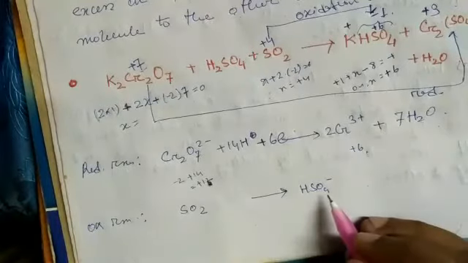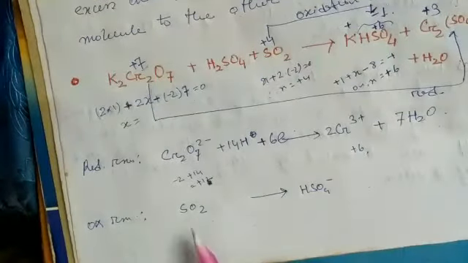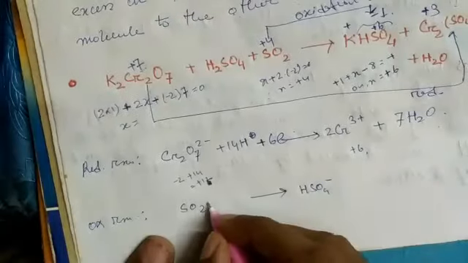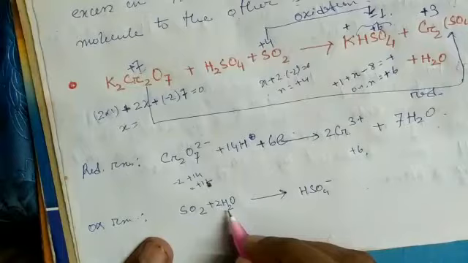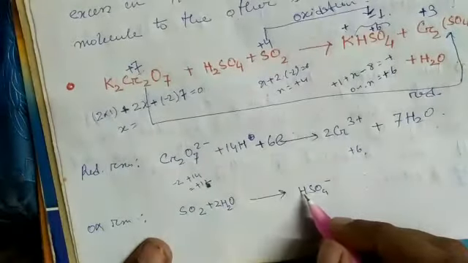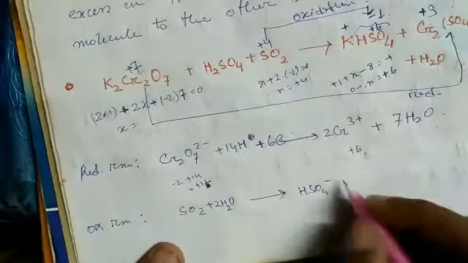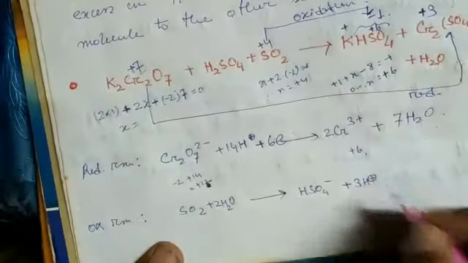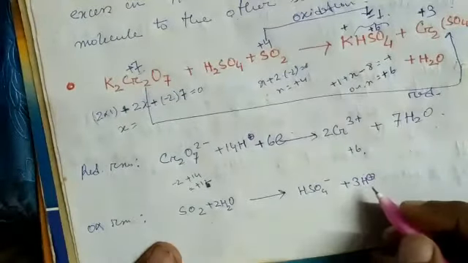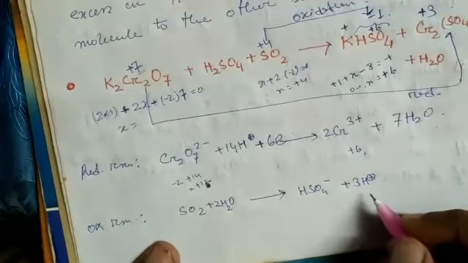Here are 4 hydrogen and here are 2 hydrogen, so we have to add 2 H2O molecules. So the number of hydrogen is 4 here and 1 here, so we have to add 3 H plus, as the number of hydrogen which is lacking is 3 on this side.